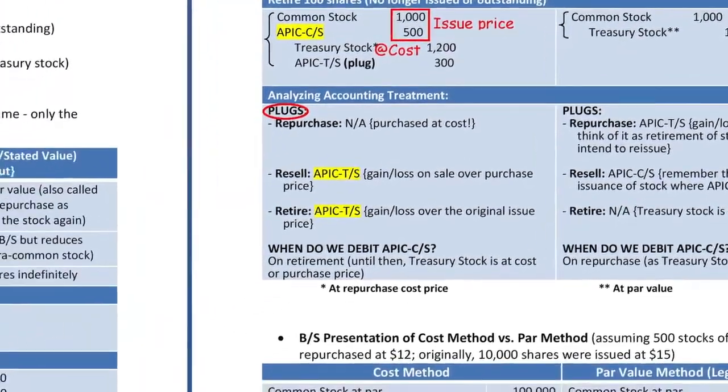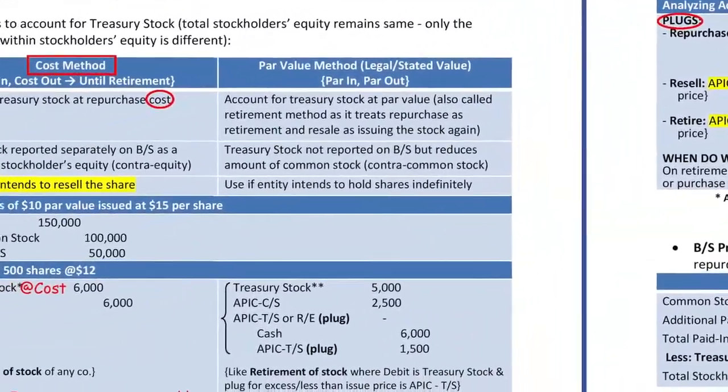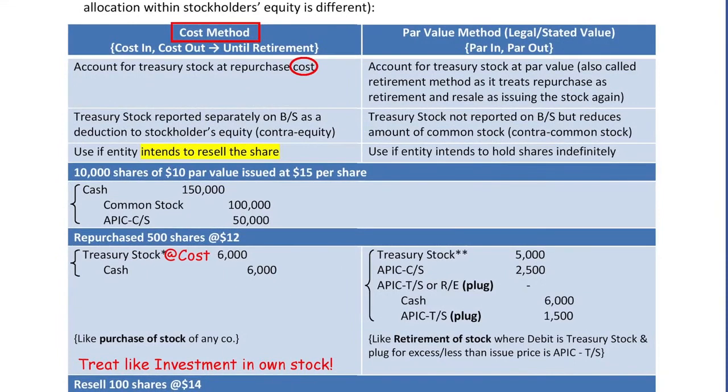Let's go back to page 24 where we're looking at the second method to account for treasury stock. Put a box around par value method. In this method we account for treasury stock at par value. This is generally used if the company intends to hold shares indefinitely. So when the company repurchases stock, the debit is to treasury stock at par.